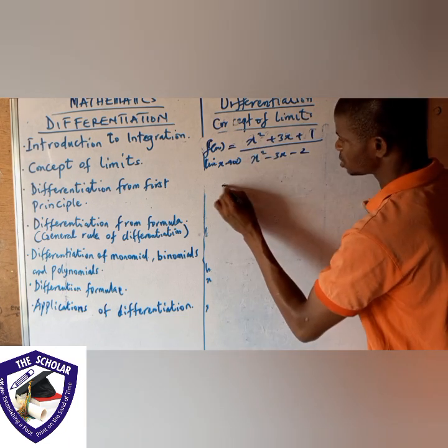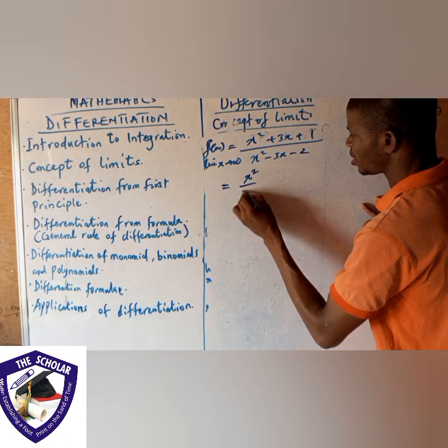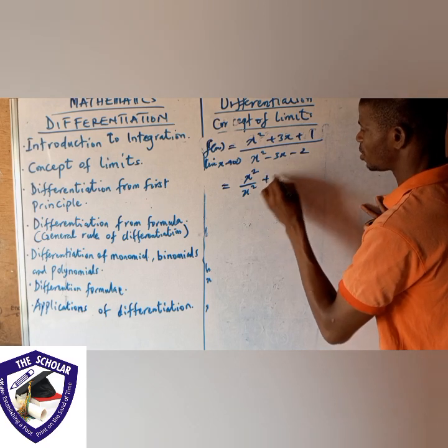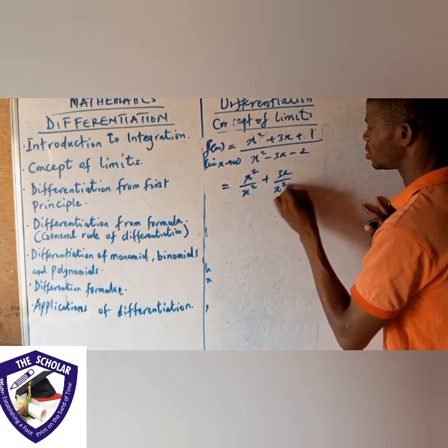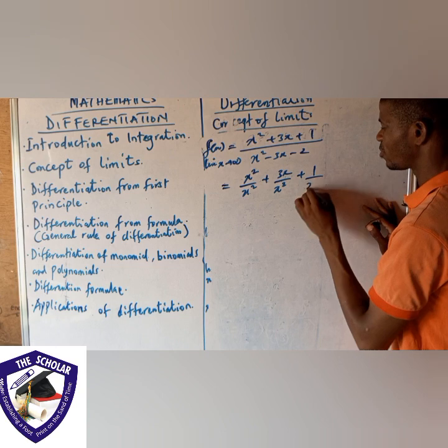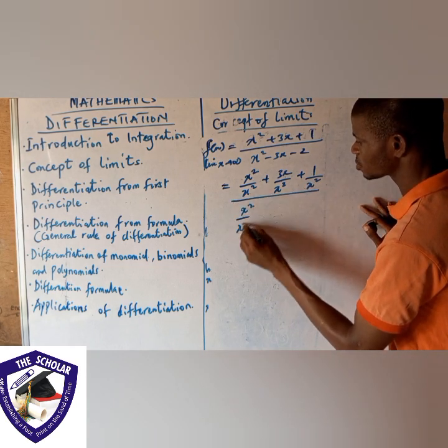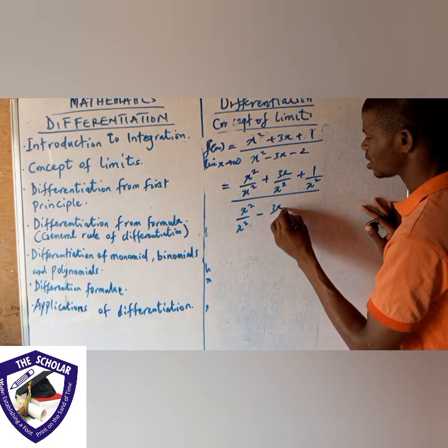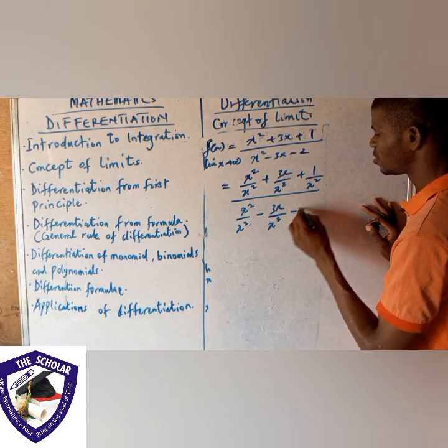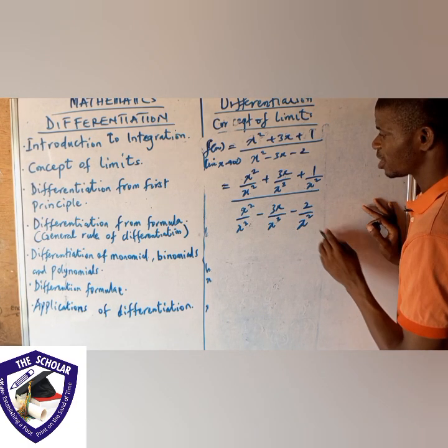x squared. So this is going to give us x squared over x squared plus 3x over x squared plus 1 over x squared, all over x squared over x squared minus 3x over x squared minus 2 over x squared.